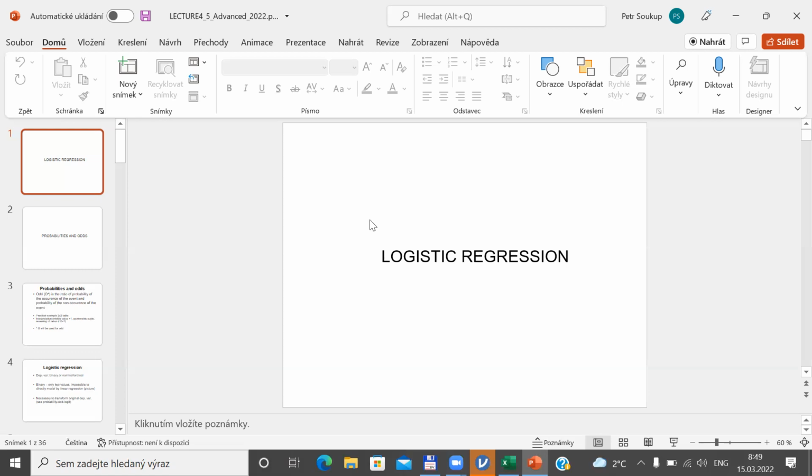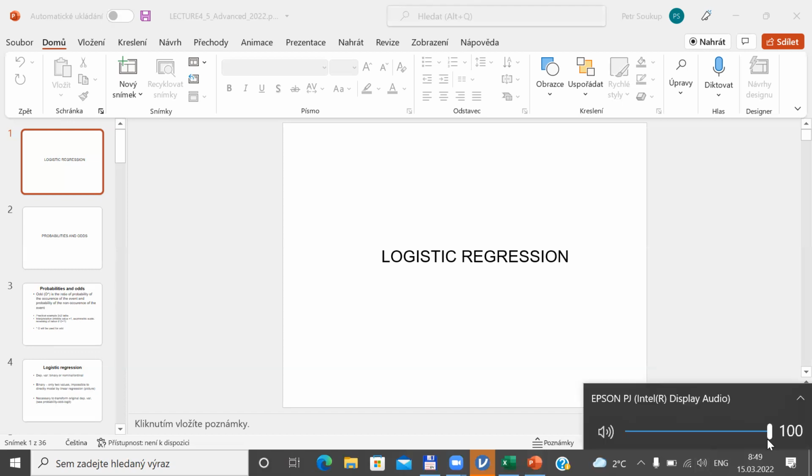Is it live or not? Sorry, once again, louder. Is it live or not? Yeah, whether they survived the disaster or not, it would be the dependent variable for us. So that's a classical binary variable.